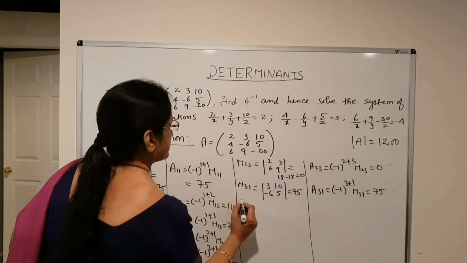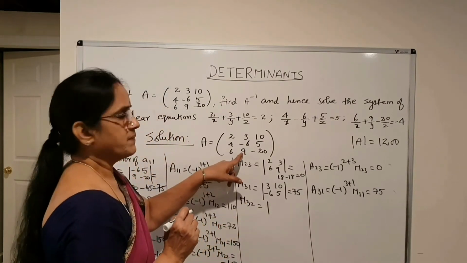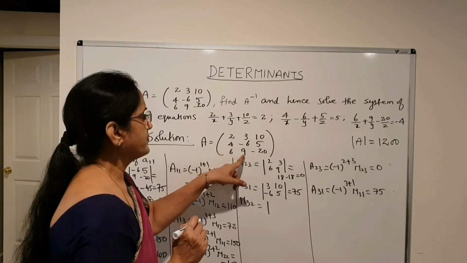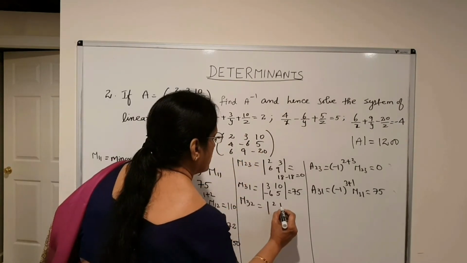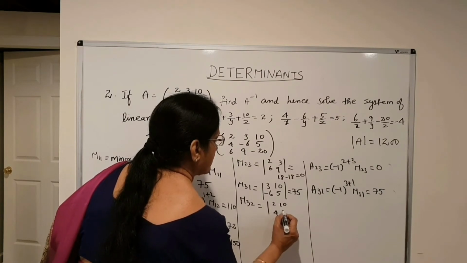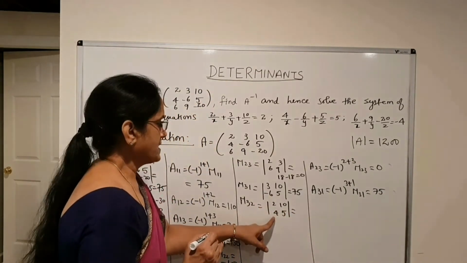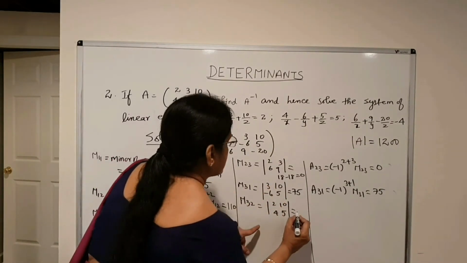Coming to M32. This is the minor of the element A32. So leaving the third row and second column, I will be left with 2, 10, 4, 5. Which is going to be 10 minus 40, which is minus 30.